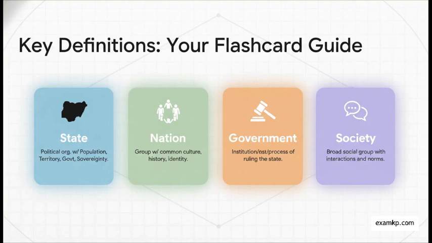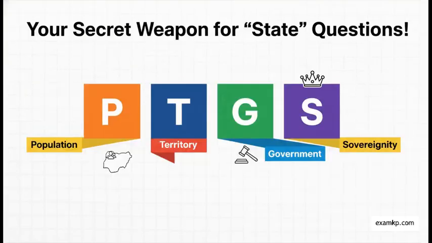Make sure you can explain each one in your own words. And here is your secret weapon. For any question about the features of a state, all you have to do is remember these 4 letters. PTGS. Population, territory, government, and sovereignty. It's a super simple memory trick that will absolutely save you time and marks.